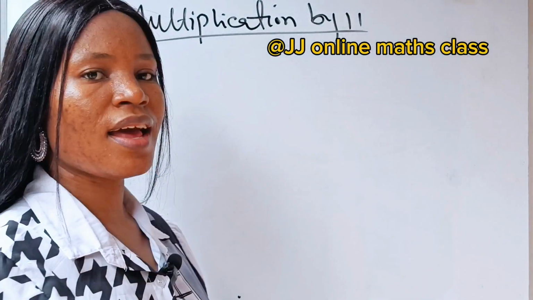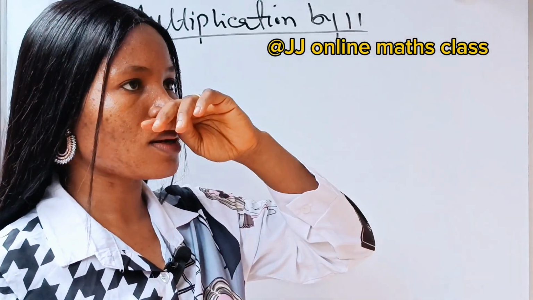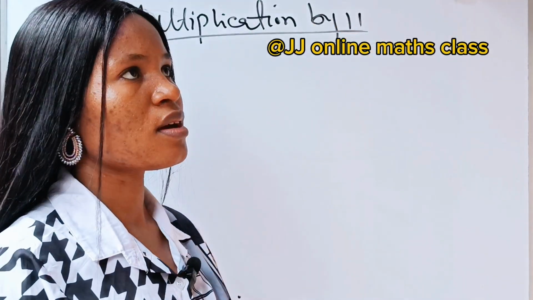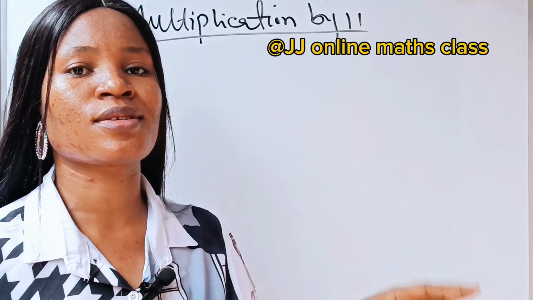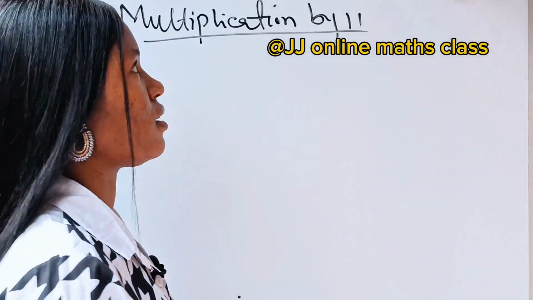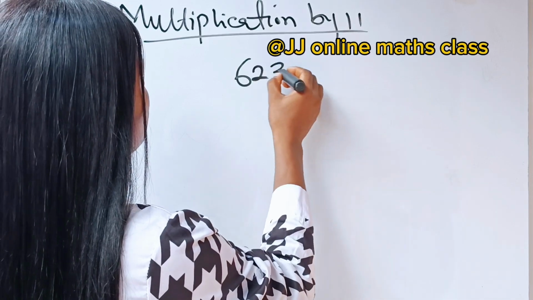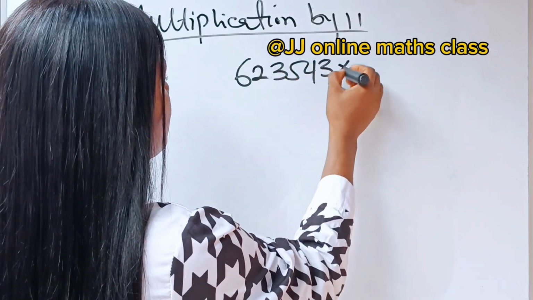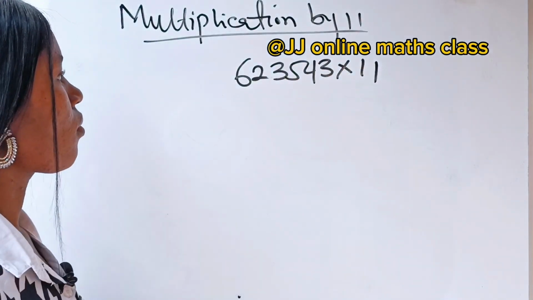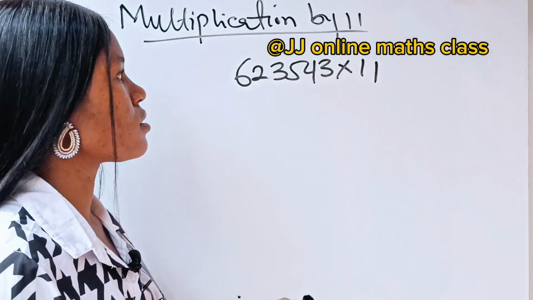Okay. Now let's go to numbers that have a higher number of digits. For example, just like the one I solved when we started initially. If you're asked to solve 623,543 times 11, the same process.